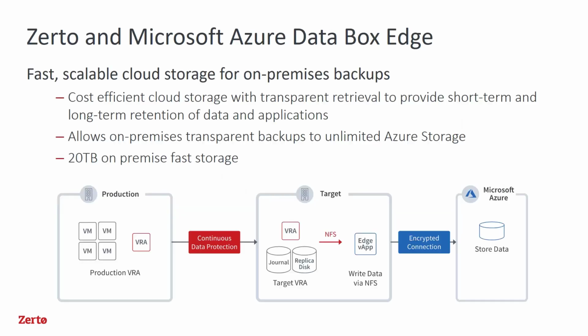Now, we also have the capability to start integrating with Microsoft Azure Data Box Edge. Data Box Edge was actually announced at Microsoft Ignite in September, if I'm not mistaken, and this gives you a really fast and scalable way to start using on-premise backups but storing them in the cloud, because basically you get a device that has a 20 terabyte on-premise cache and automatically tiers it off to an Azure storage account using an encrypted connection.